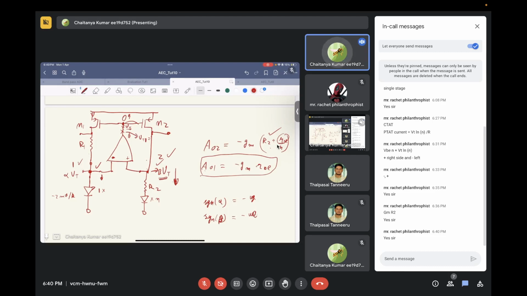So if you have beta VT minus alpha VT, will this be negative or positive? Beta VT is a higher negative quantity; minus alpha VT becomes positive, but since beta VT is higher than alpha VT, overall beta VT minus alpha VT will be a negative quantity.